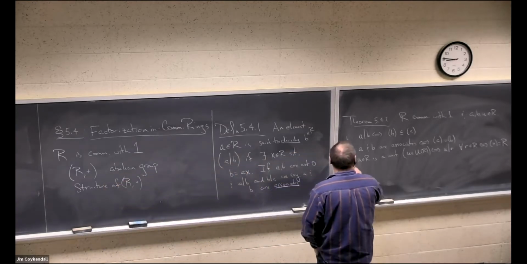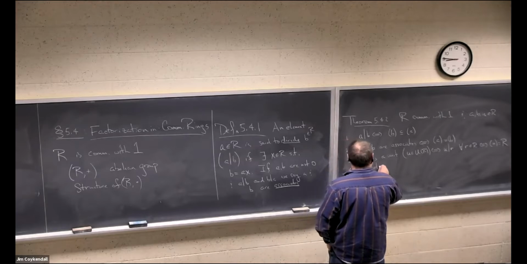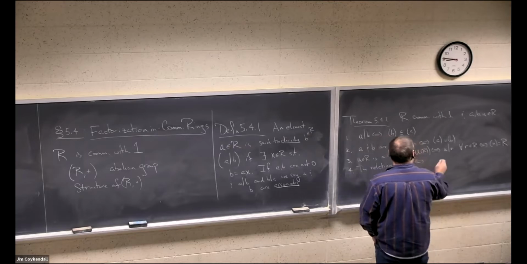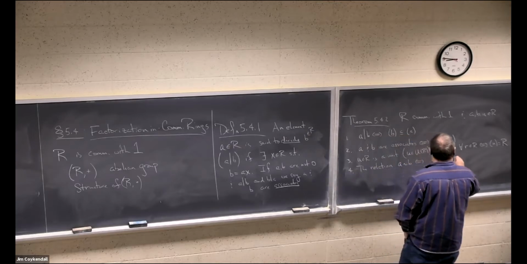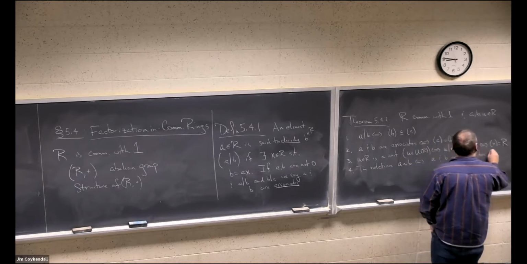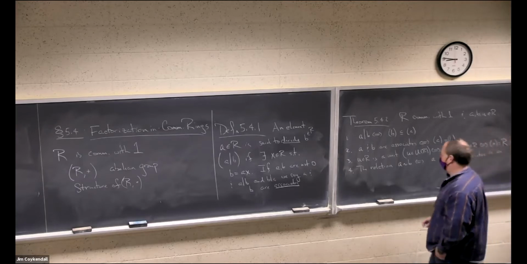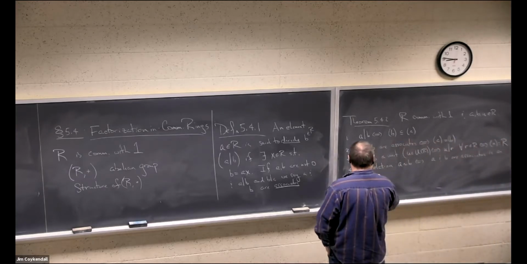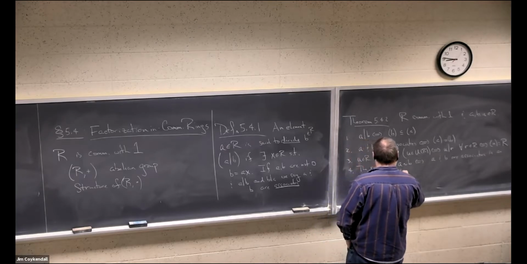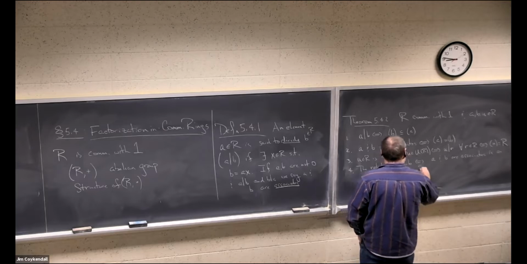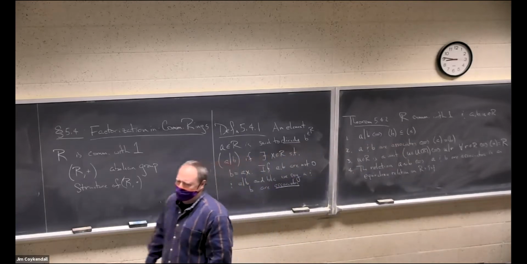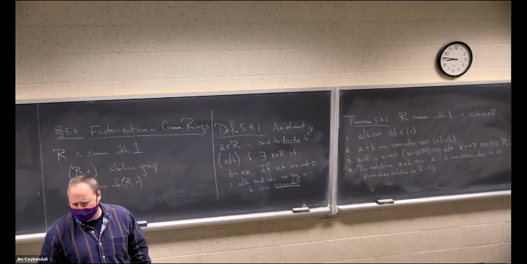Number four, the relation A squiggle B if and only if A and B are associates is an equivalence relation on R minus 0.